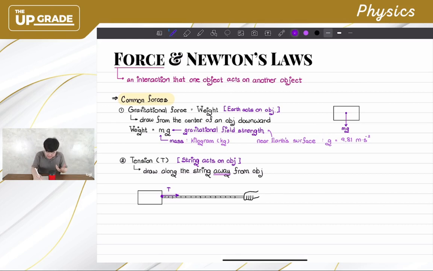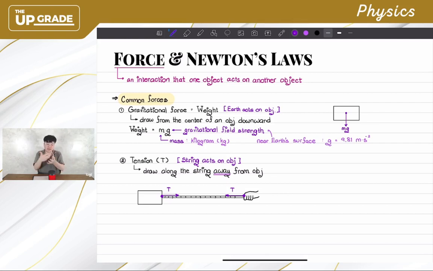So we're going to use the same law as before. The string acts on my hand. It acts along the string away from object. So in this case, to the left. So even though I'm pulling the string to the right, the string is pulling my hand back to the left.